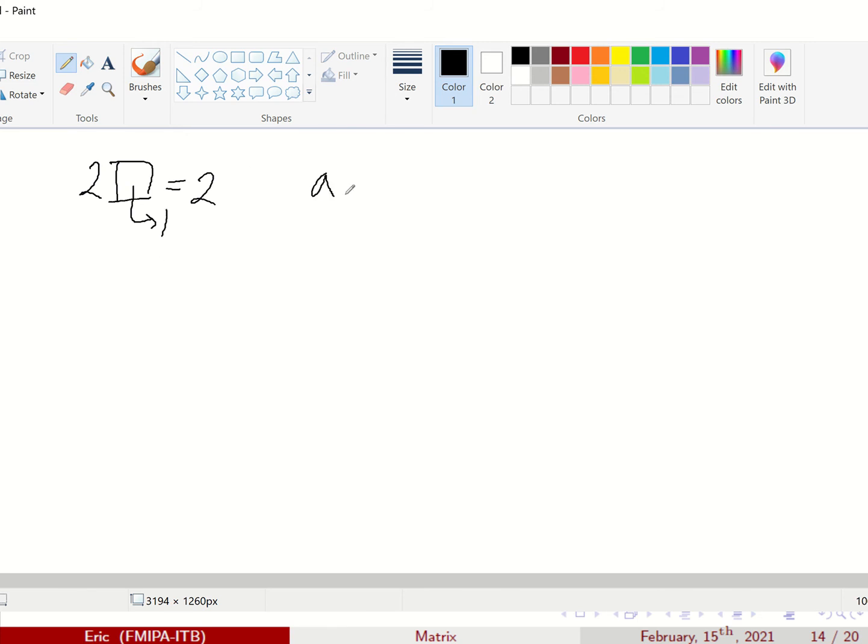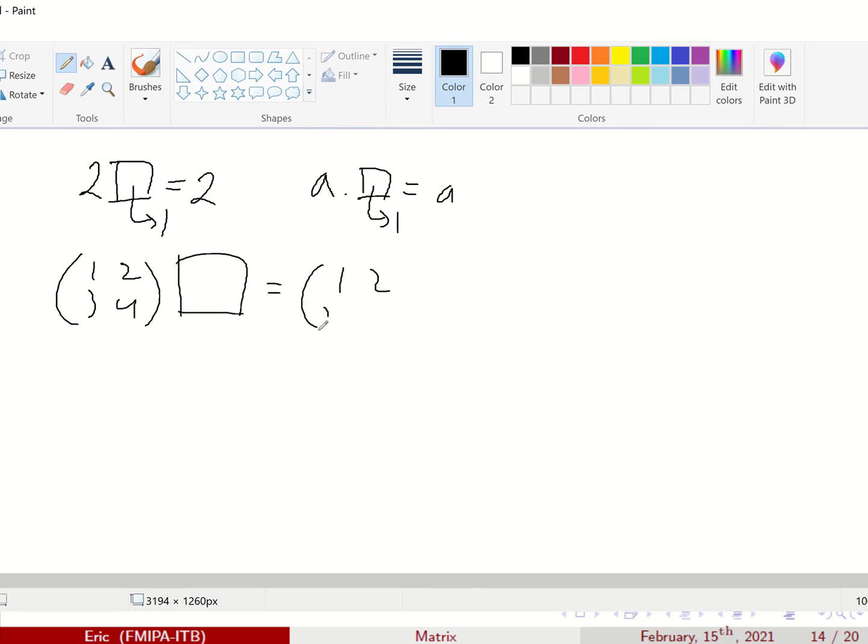If you have a times something equals a, this should be 1. And for matrices, what is [1 2; 3 4] times what matrix equals [1 2; 3 4]? You know that this matrix should be the identity matrix. So the identity matrix is the generalization of 1 in the real numbers.